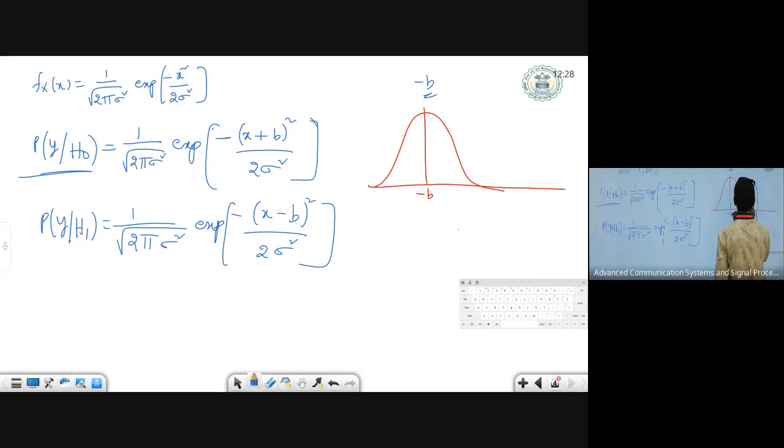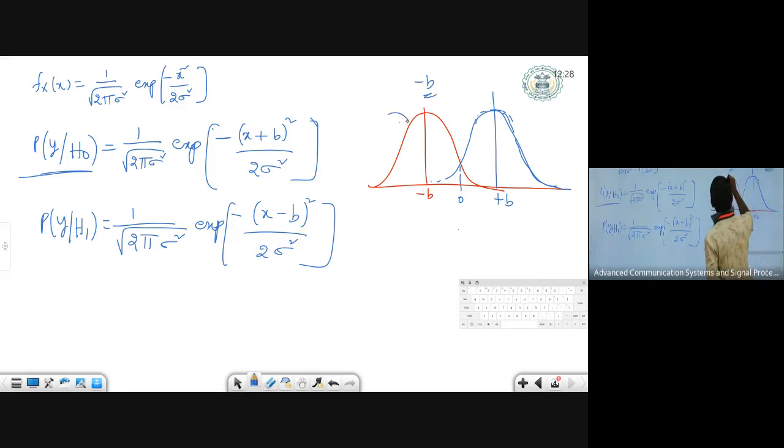Somewhere here, that is some plus b, and somewhere over here 0. So this is what the transition probabilities are.